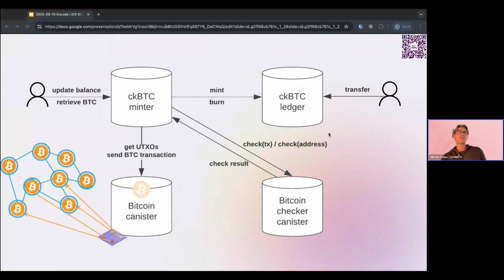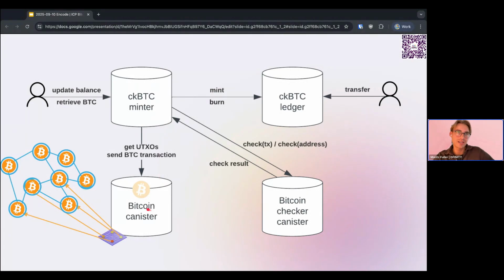And there are a couple of different components involved. There's the ckBTC minter that holds the Bitcoin on the Bitcoin network and mints and burns ckBTC on the ckBTC ledger accordingly. Then we have the ckBTC ledger, which is this basically ERC20 type smart contract running on the internet computer. It's used to record the balances and facilitate the transactions and handle approvals and transfer froms and things like that.